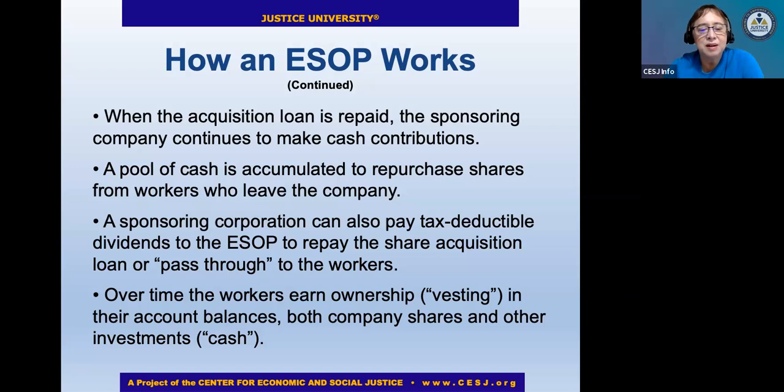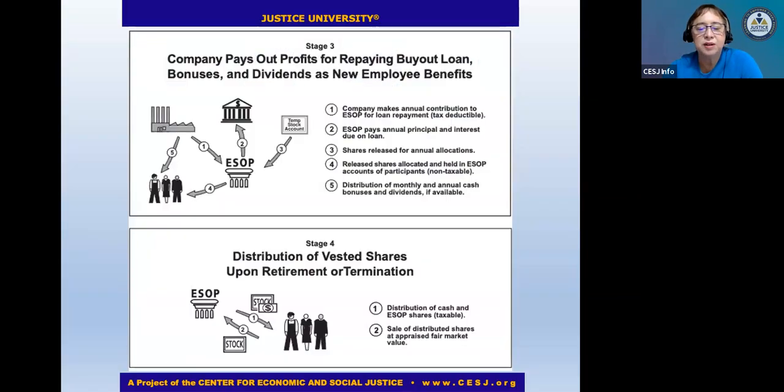So the ESOP can pay out dividends and get a tax deduction for dividends. And so it's the only financing mechanism that can do that, is to deduct the dividends it pays out. And first it would use the dividends to repay loans. So here we see the diagram, which you'll see when I'll send you the PowerPoint.